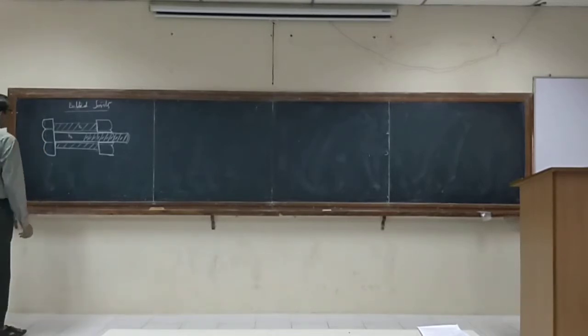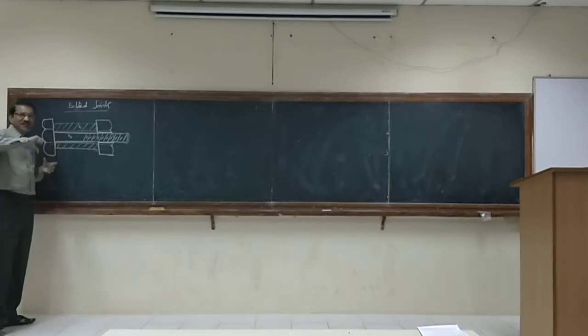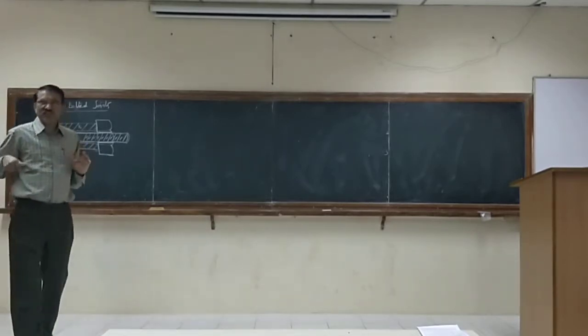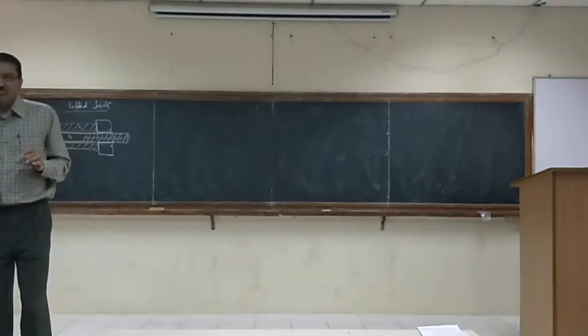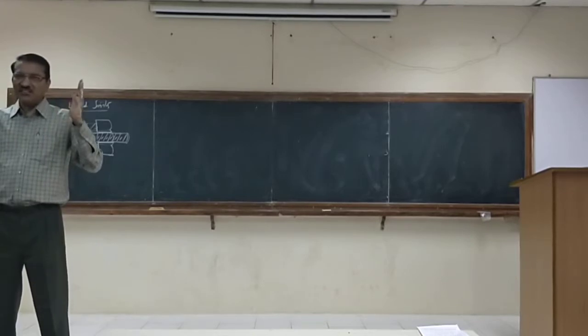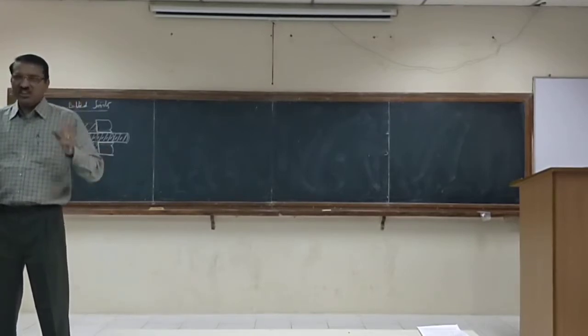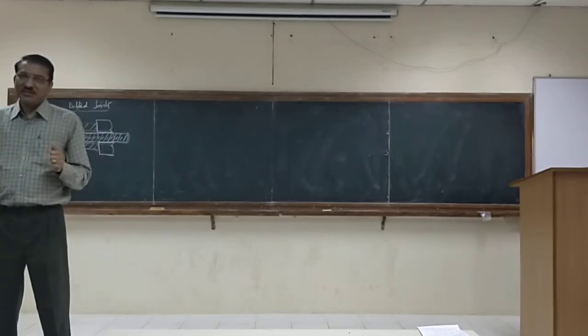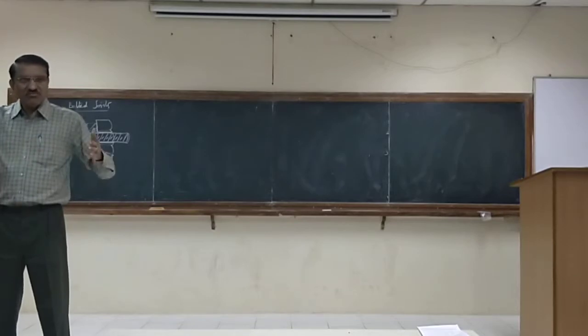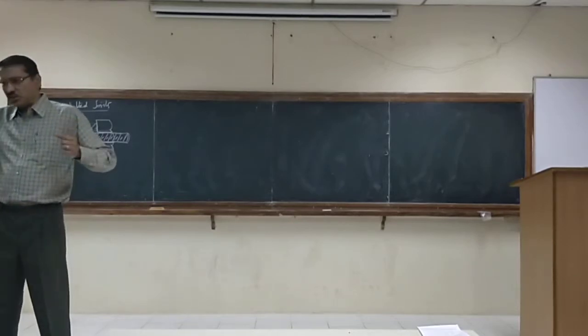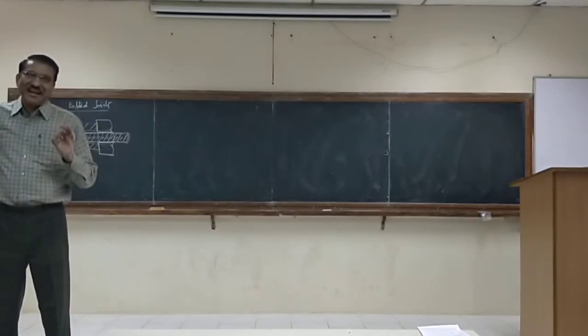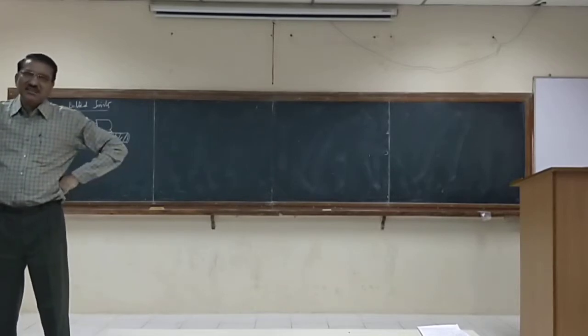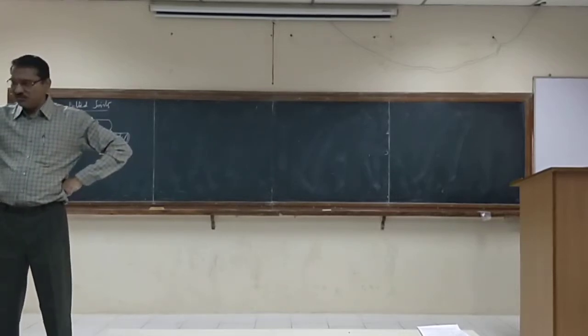Now after fitting the bolt and nut snugly, what do you mean by snug fit? The gap between the faces of bolt and nut is exactly equal to the length of the cylindrical component. There is no gap. Now we tighten the nut by, say, half turn or quarter turn.